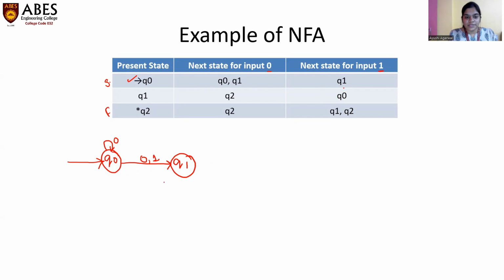So this type of transition can be seen only in the case of NFA, not in the case of DFA, right? In a DFA, we do not write multiple states for a transition. But in the case of NFA, any transition can go to multiple states.